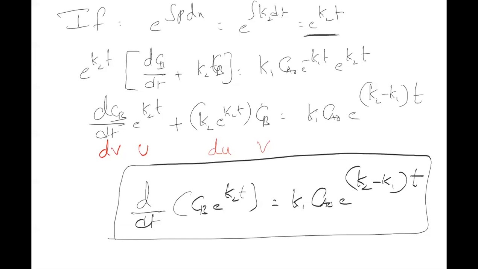Next step, integrate on both sides, then you will get CB, with some constant.